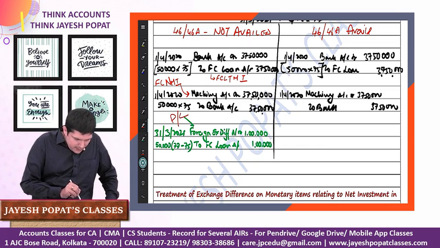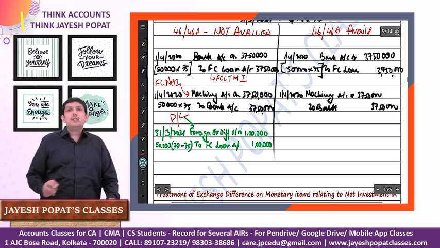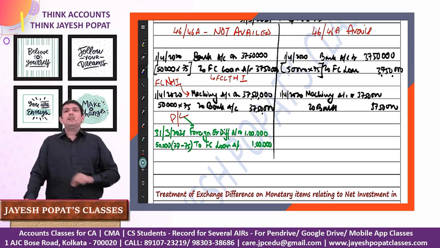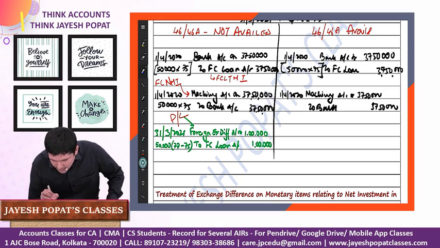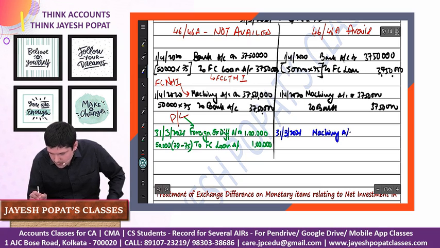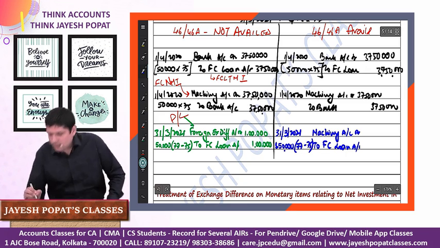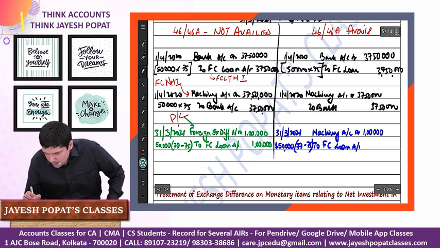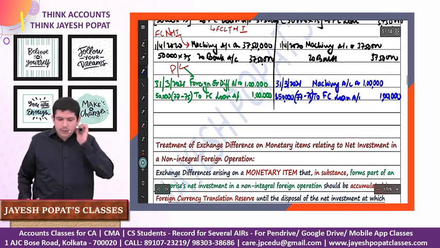But in case we are availing the option, right, listen to this very carefully, in case we are availing the option under 46 or 46A, in that case on 31st March 2021, our entry will be machinery account debit to foreign currency loan account, and this $50,000 into 77 minus 75, which is the rate of initial recognition, 1 lakh rupees will be debited to the machinery account, right, and credited to the loan account.